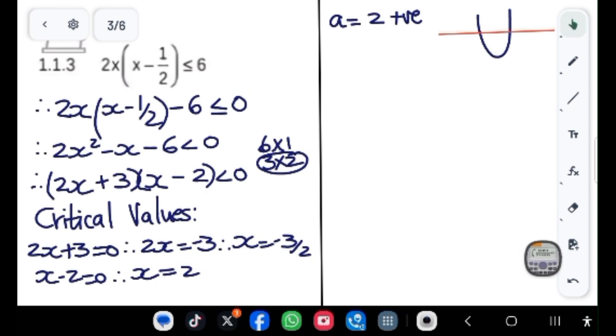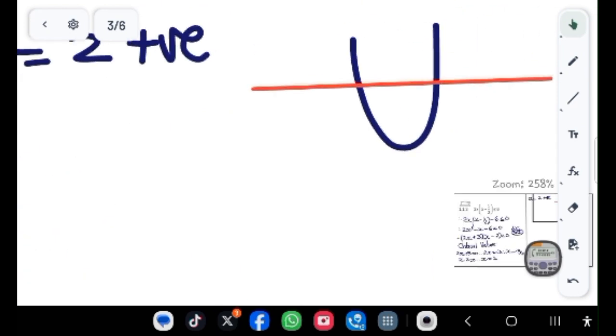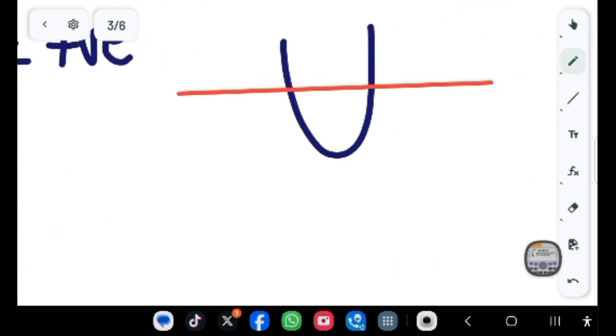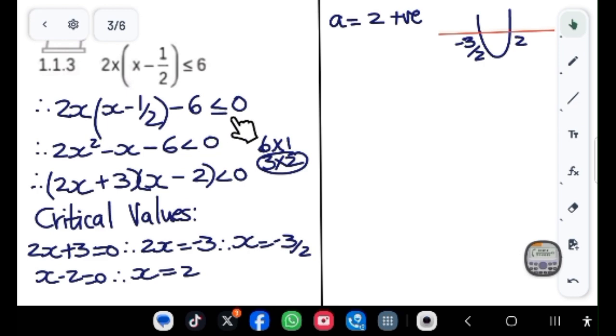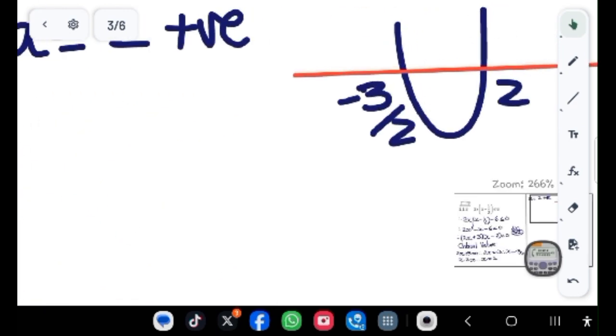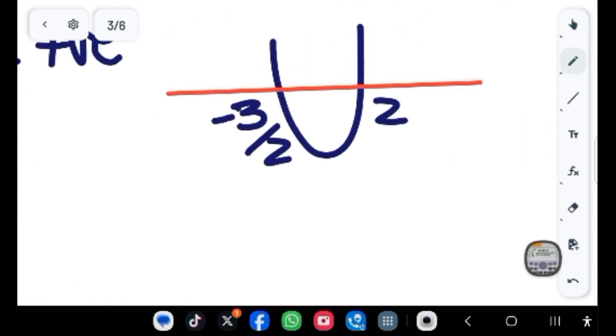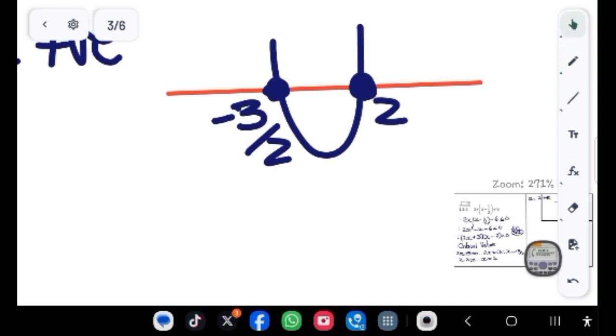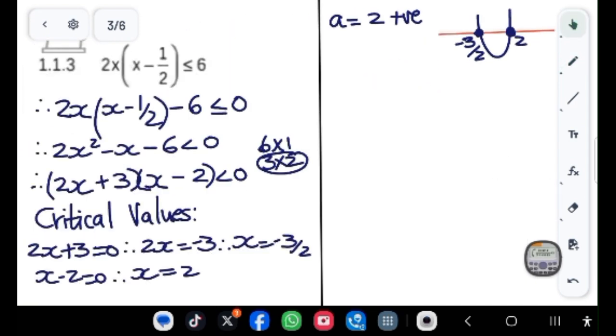Now the critical values are 2 and negative 3 over 2. You line them up like you would in a number line. And because it's an inequality with an equal sign, the markings of the critical values will have solid dots. That's very important.